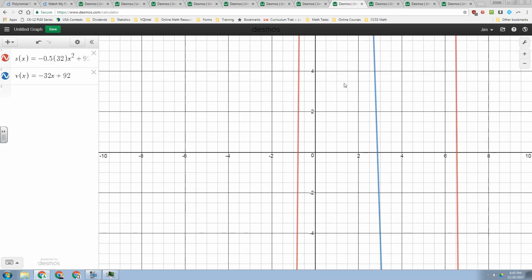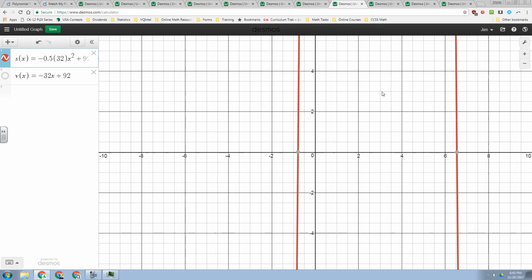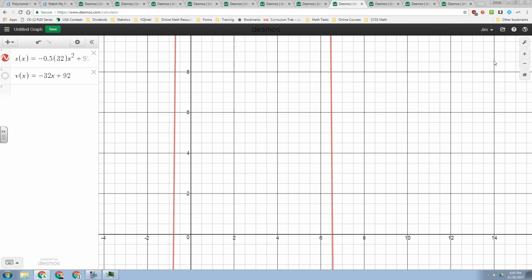For the next one, here we've got projectile motion. So they give us that it's launched from the upper deck, that's 85 feet above ground, with an initial velocity of 92 feet per second. So here is our position function. So it says find the maximum height of the baseball. So I'll hide the velocity graph because I don't need that right now.